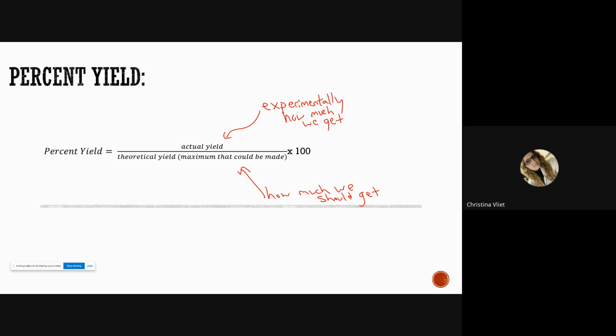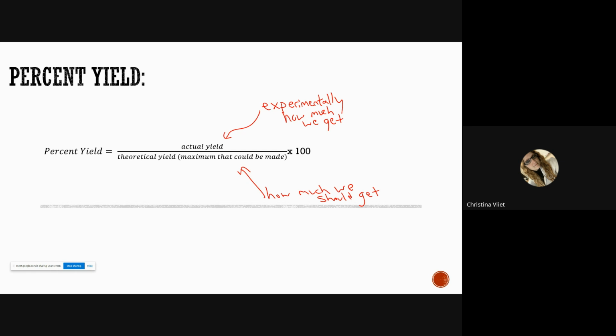Sometimes your equipment is not very accurate, or every piece of equipment has some kind of error with it. And so because of that, there will be error in your measurements. Also, every time you pour a solution from one container to another, you leave some behind in the first container. So your actual yield is almost always lower than your theoretical yield.